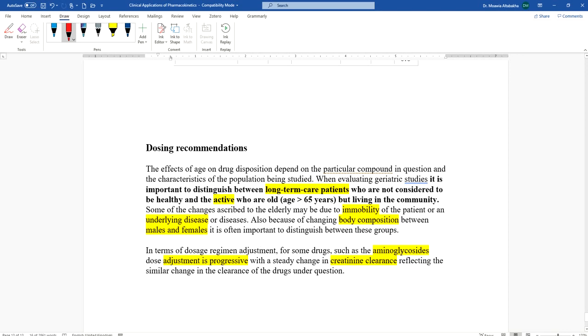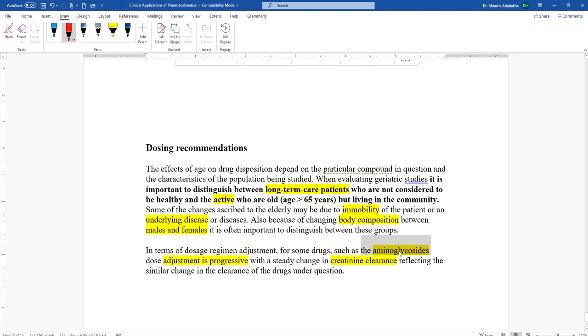Also, I have to consider that for some drugs, like aminoglycosides, okay, this is an antibiotic, the adjustment of the dose is progressive. I keep changing the dose, and the reason for that is that aminoglycoside is toxic to the kidneys. But sometimes I need to use aminoglycosides in certain infections.